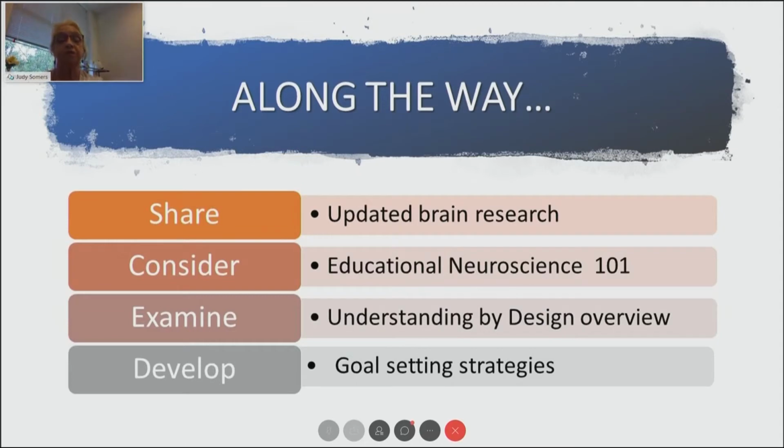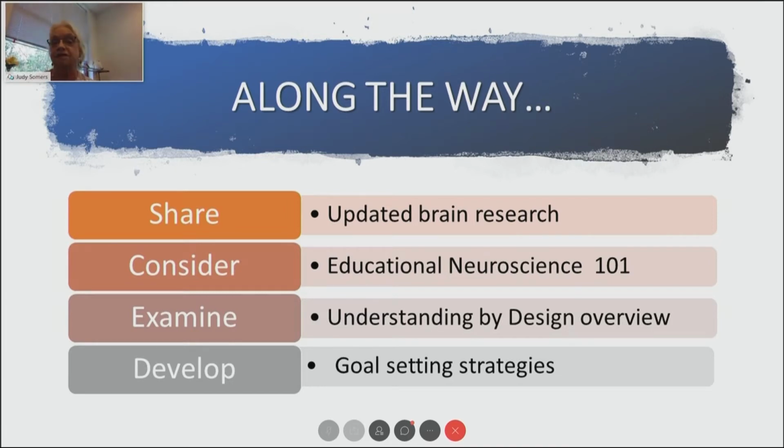So what we're going to be doing today, I will show you in just a moment the reference that I am using. I have discovered a new book put out by ASCD on connecting brain research, neuroscience, with Understanding by Design.